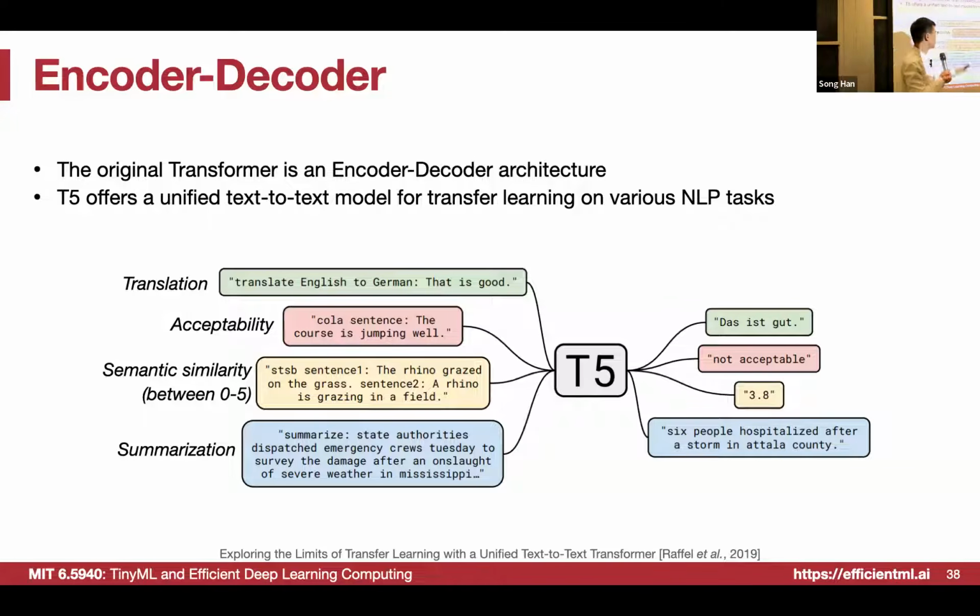They're pretty similar. So ranging from 0 to 5, this has a score of 3.8 in the decoder, showing that it's quite similar. Our summarization: this is in the encoder, state authorities dispatched emergency crews Tuesday to survey the damage after an onslaught of severe weather in the Mississippi. And the summarized version is in the decoder: 6 people hospitalized after a storm in the county.